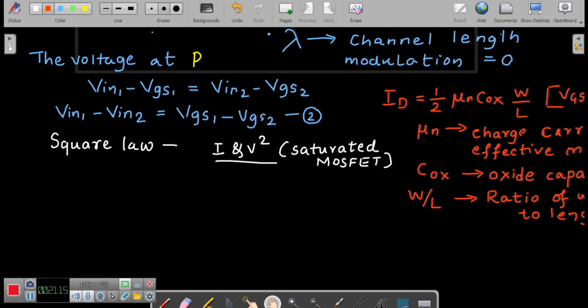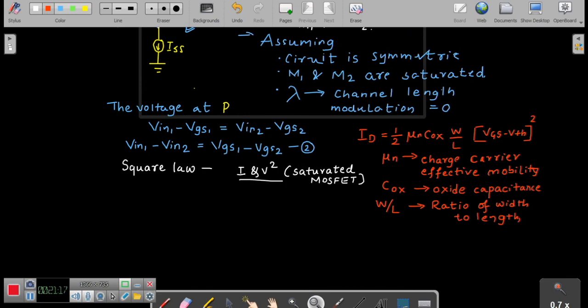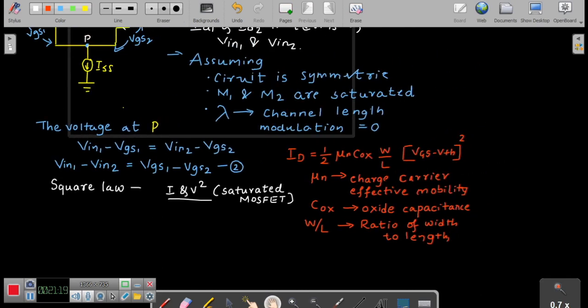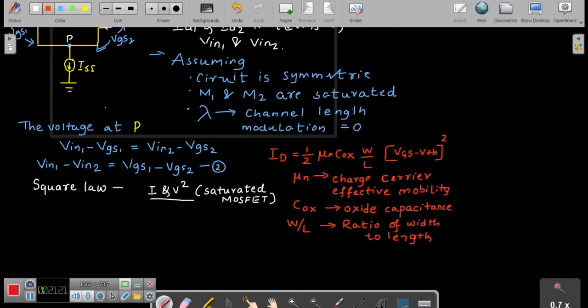So with this, I will come to the remaining part of the expression, wherein I have written I is proportional to V square, and I have already got this particular expression.